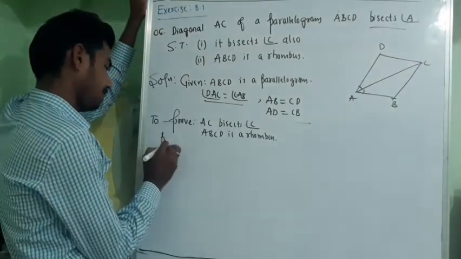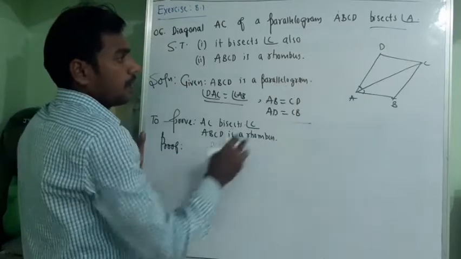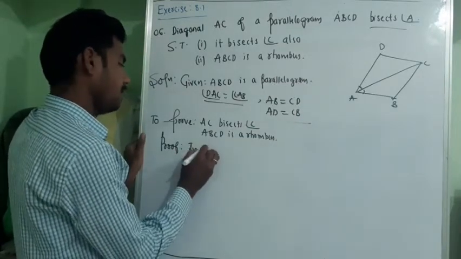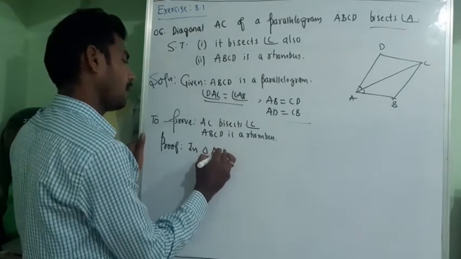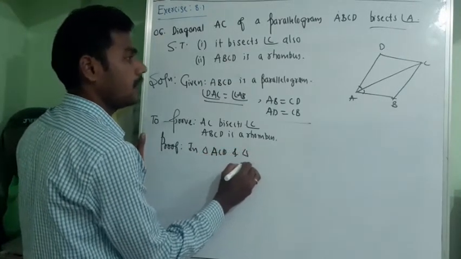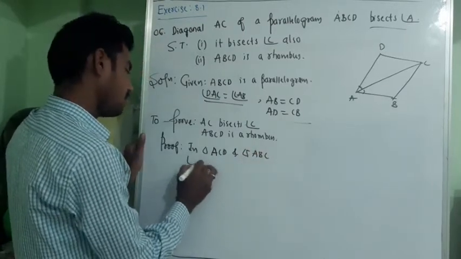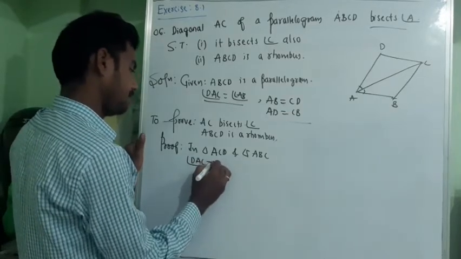Proof. First thing, see, in triangle ACD and triangle ABC, angle DAC is equal to angle ACB.